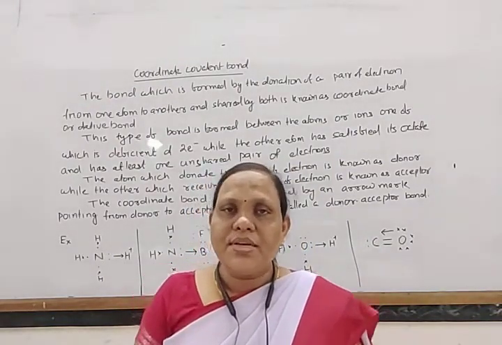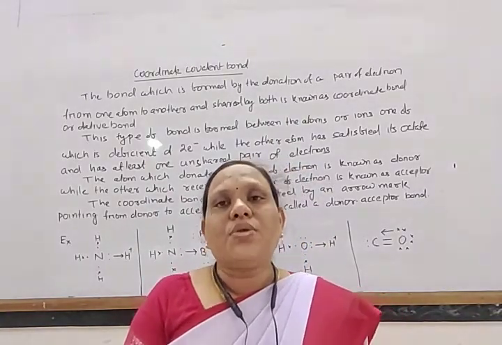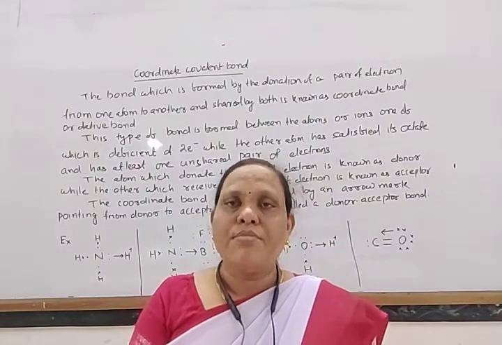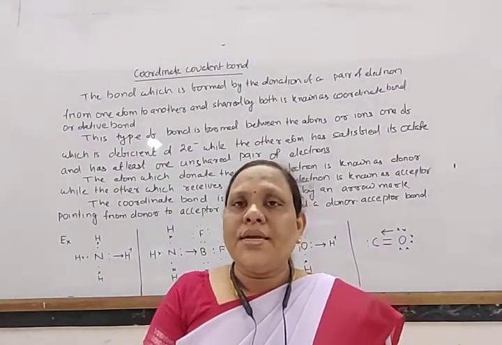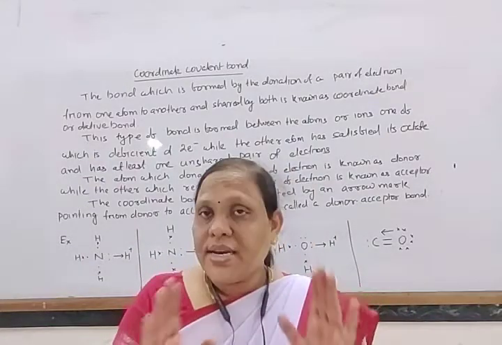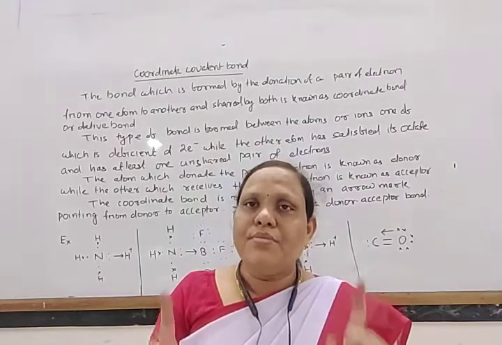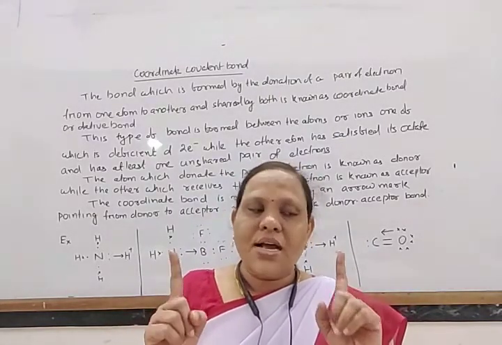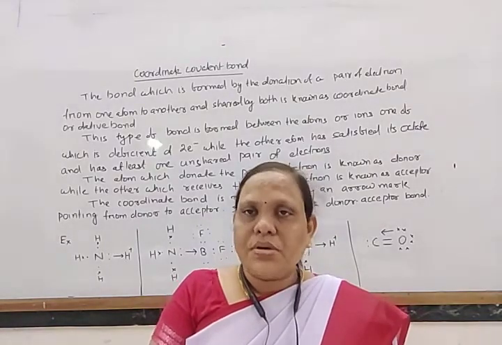A coordinate bond is that bond where the electron pair is donated by one atom but shared by both of the atoms. In a covalent bond, the electron pair is shared mutually by two atoms, with a contribution from both.